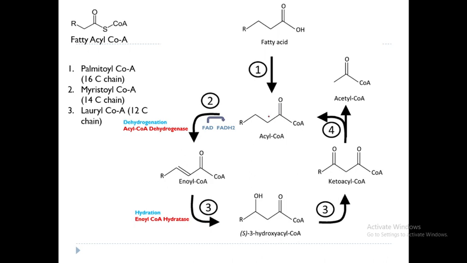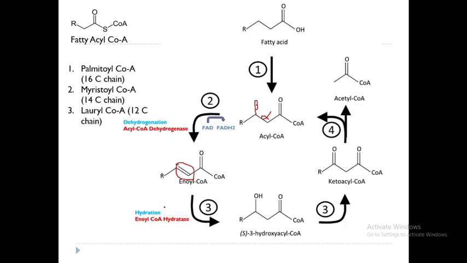Hydrogen is removed from the alpha and beta carbon of R, so a double bond is formed between the alpha and beta carbon. This is called enoyl-CoA, also known as trans-enoyl-CoA.